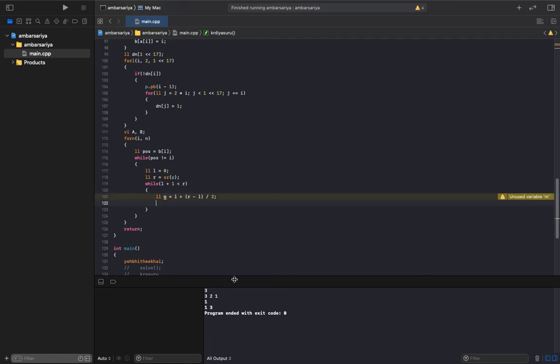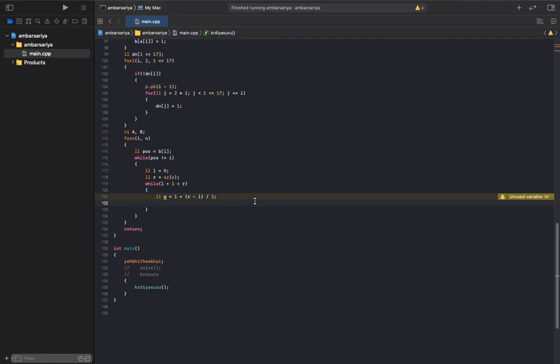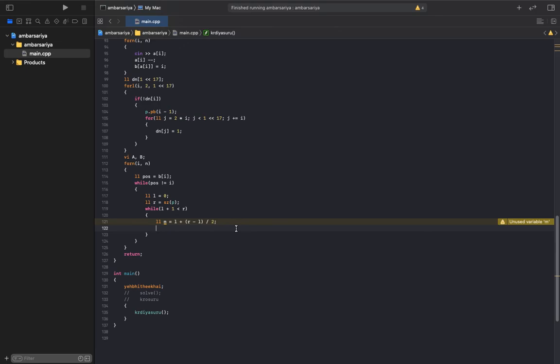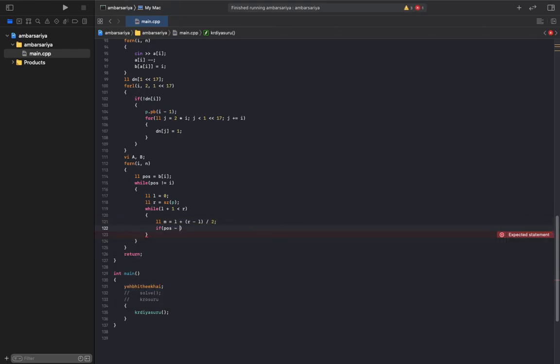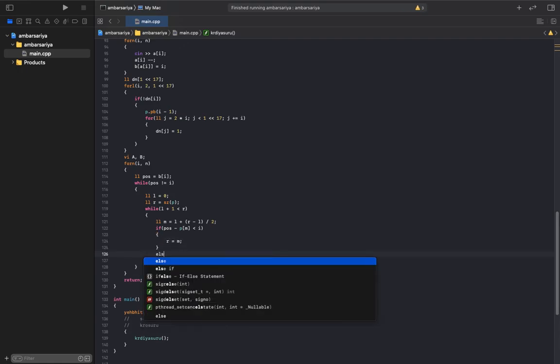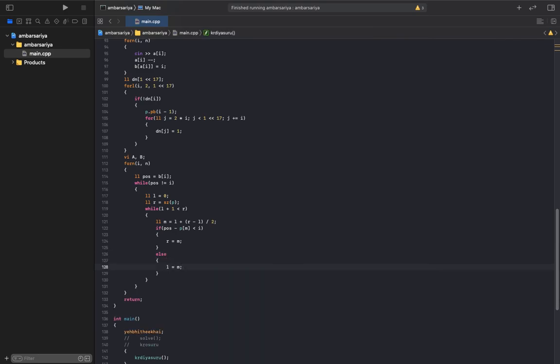Now if position minus the prime at the mid is lesser than the current index of the wrong element, we will do right equal to mid, otherwise left equal to mid, because we will store the answer in left, since we are getting the prime lesser than or equal.